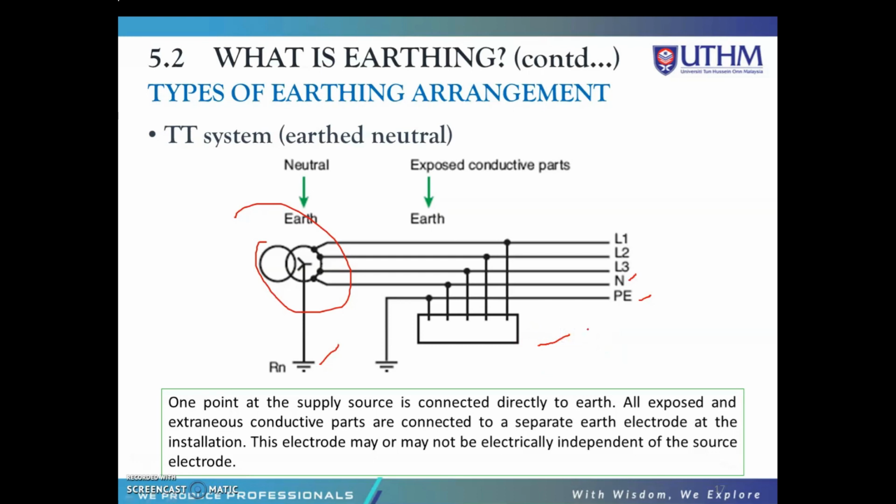So this electrode may or may not be electrically independent of the source electrode. So in TT system, the consumer employs its own local earth connection in the premises, which is independent of any earth connection at the source side. Okay, this type of earthing is preferred in telecommunication applications because this system is free of any high or low frequency noise that comes through the neutral wire connected to the equipment. Okay, that one is the TT system.